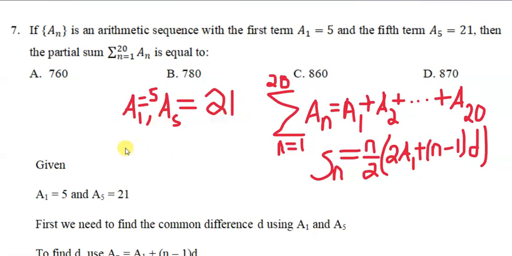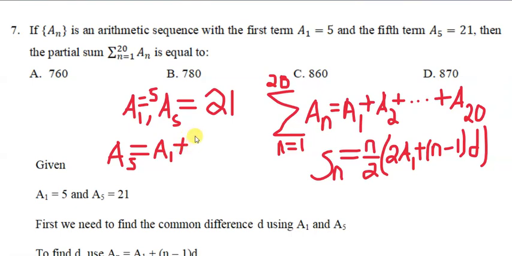Using the general term of the sequence, a5 is equal to a1, which is 5, plus n minus 1 times d. 5 minus 1 times d means it is simply 4d.